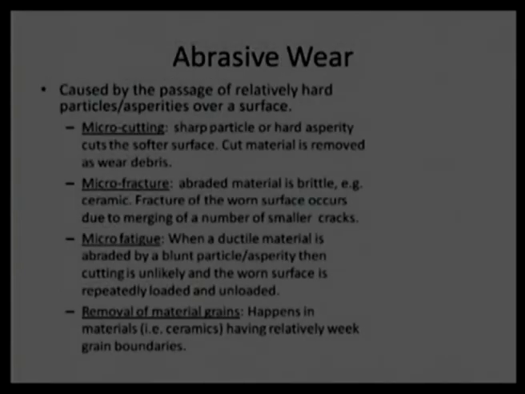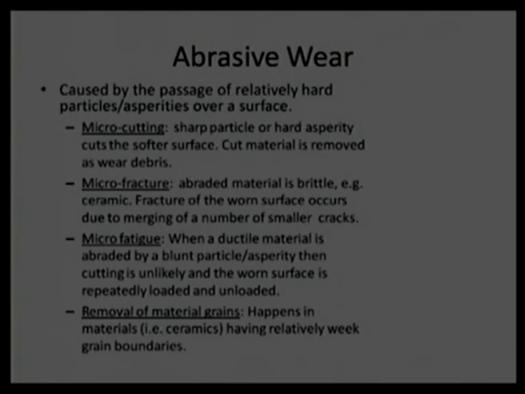Now, if we come to the abrasive wear, we see there are basically four mechanisms which will give the physics of the abrasive wear, and depending on whether the material is ductile or brittle, the mechanism will change. Let us take an example of micro cutting. We are talking here about sharp particles, hard asperities.